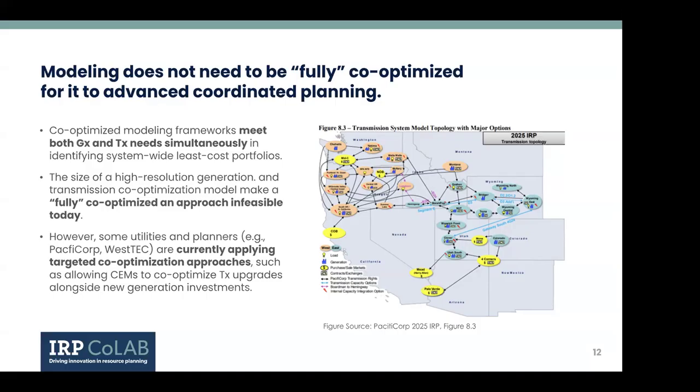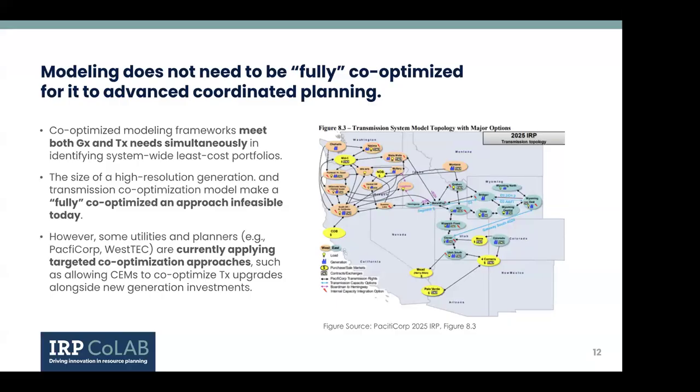But I think there's still work to be done to really make these co-optimized approaches more scalable and available to planners. That said, we are seeing more limited, narrower examples of where co-optimization is happening. One of these approaches is specifically allowing capacity expansion models to see network upgrades or transmission expansion as an economic selectable resource that can be chosen alongside new generation or storage.